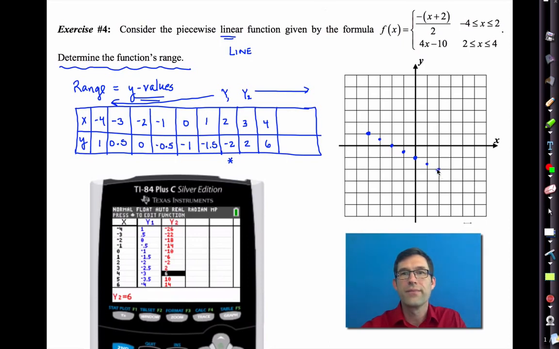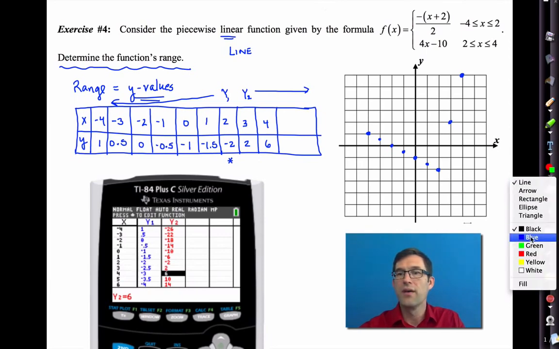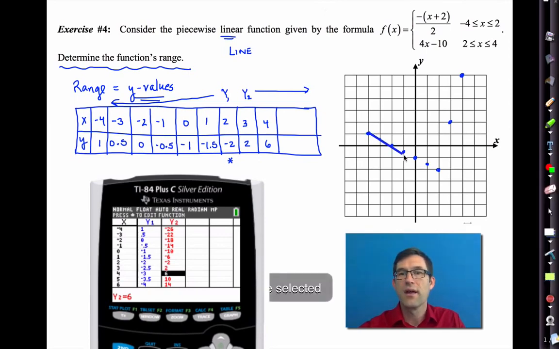At 3, that's where the other formula would take over, but it has the same y value. At 3, I'm at +2, and at 4, I'm at +6. 2, 3, 4, 5, 6, so I'm all the way up here. So I'm going to just connect these things with a couple of blue lines. One there, and one there.